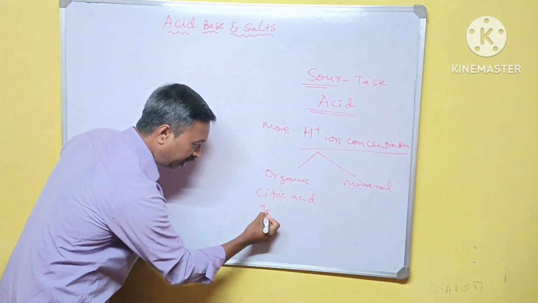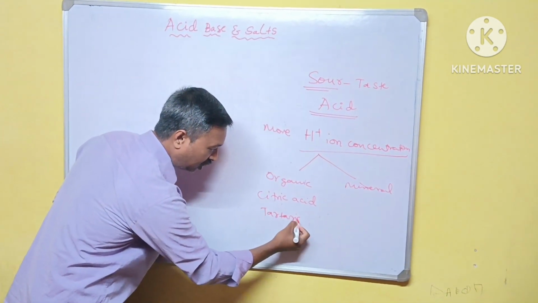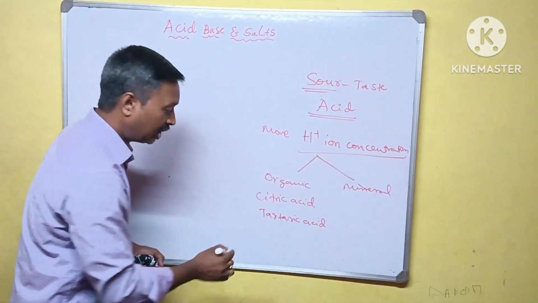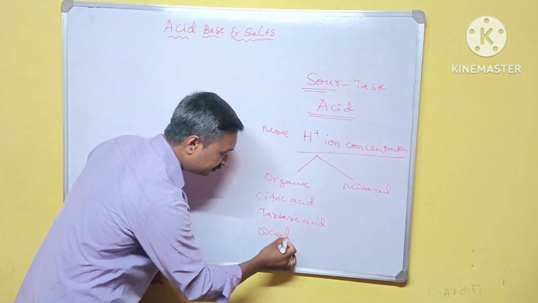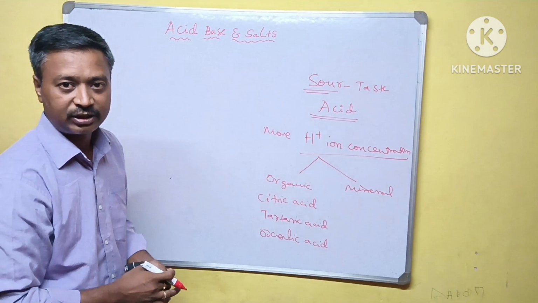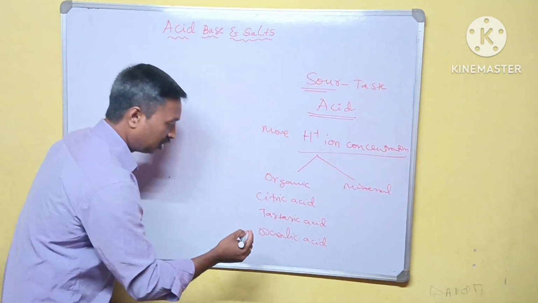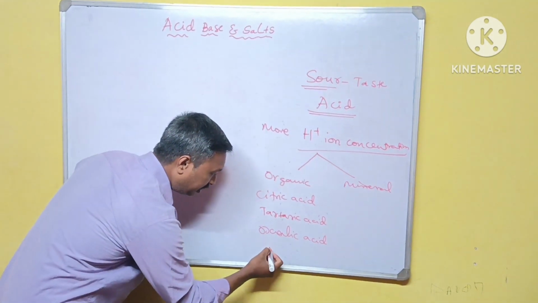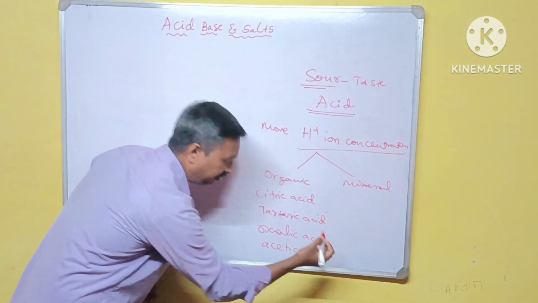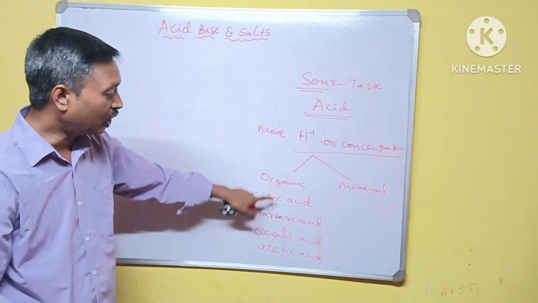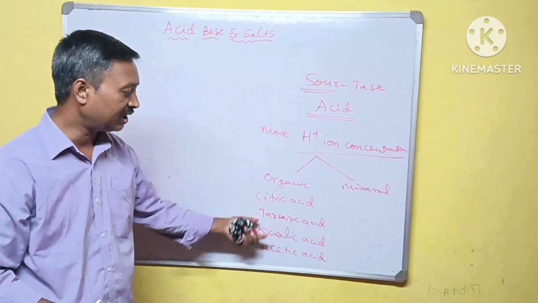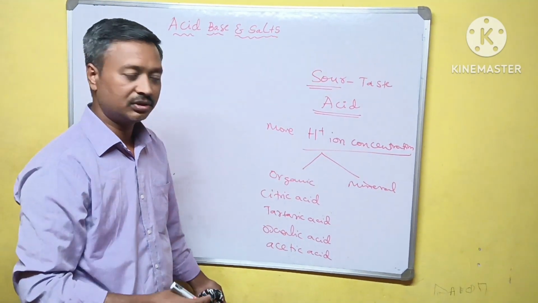Tartaric acid, which is present in the tamarind. Oxalic acid, which is present in the tomato. Acetic acid, which is present in the vinegar. These are all organic acids. They are not dangerous. We use them as food.